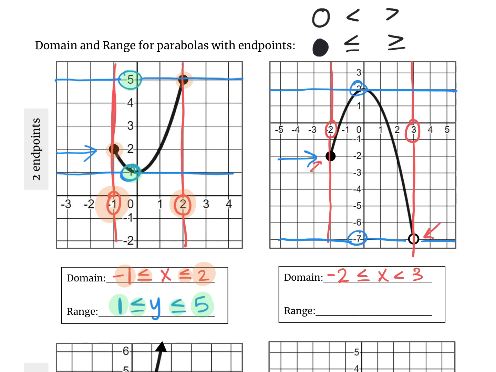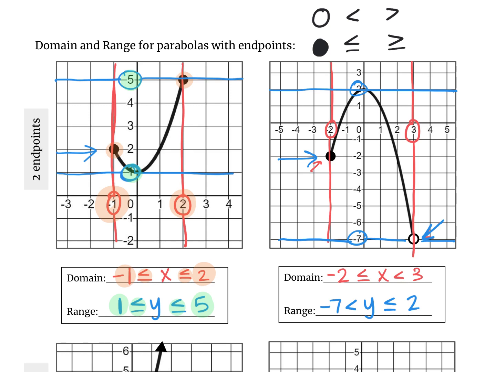So when I look at the range, the smallest y value is -7. Because there is an open circle here, it's less than y values. And then all the y values are going to be less than or equal to 2. Since that's where your vertex is, it is like a closed circle.